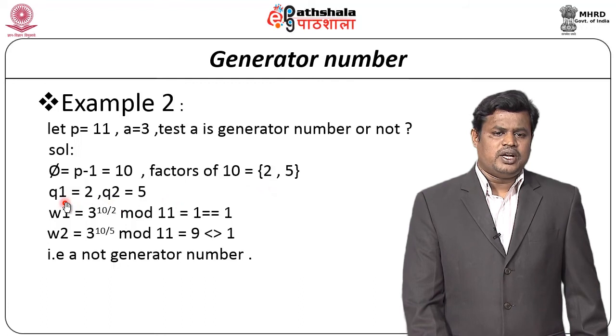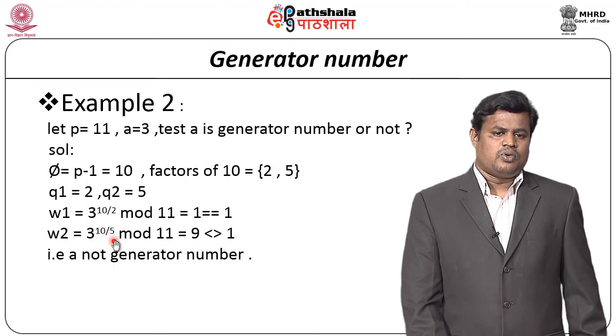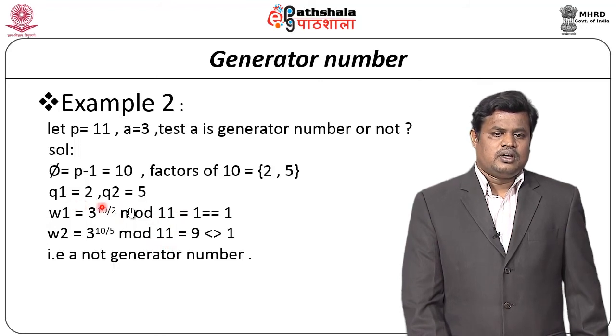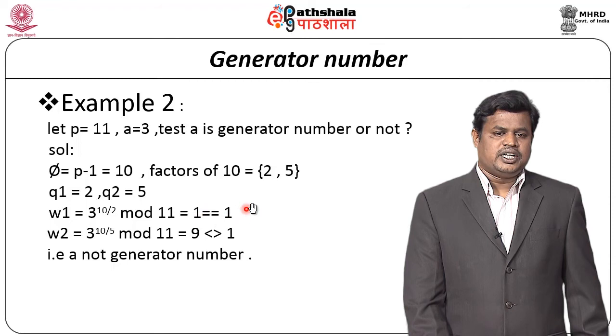Now q1 is equal to 2 and q2 is equal to 5. 3 power 10 divided by 2, that is 3 power 5, and 3 power 10 divided by 5, mod 11. Now we can see that for the first value, q1, we are getting 1, so this is not a generator.